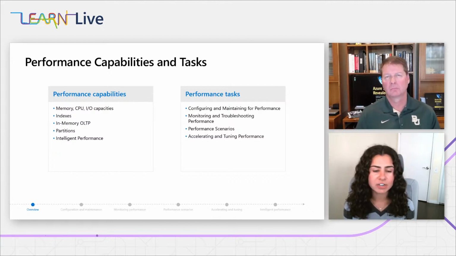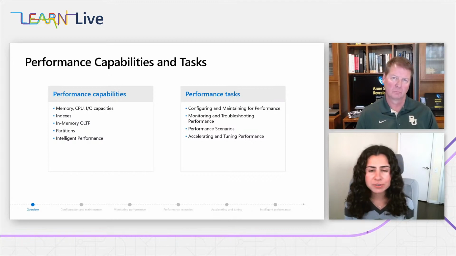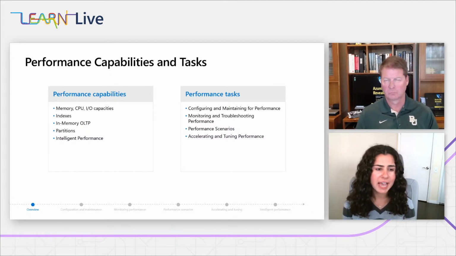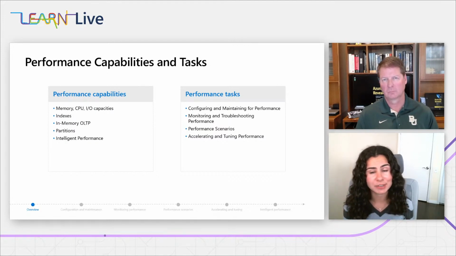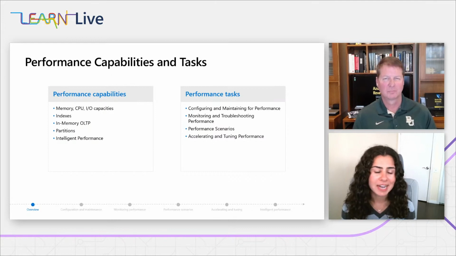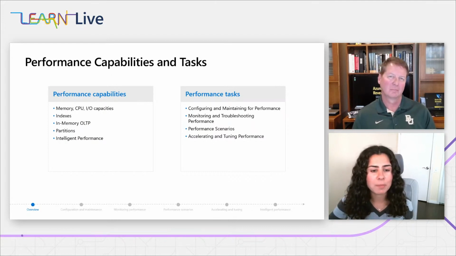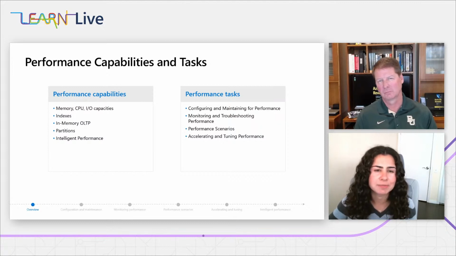And once we understand the capabilities, then we're going to move into the tasks. So how does this apply to you? How can you configure and maintain for performance? How can you troubleshoot performance? What are some of the monitoring capabilities that you have in Azure today? I think Bob actually has a really cool new demo to show you all, really hot off the press on that one. But when we think about performance overall, Bob, what really stands out?